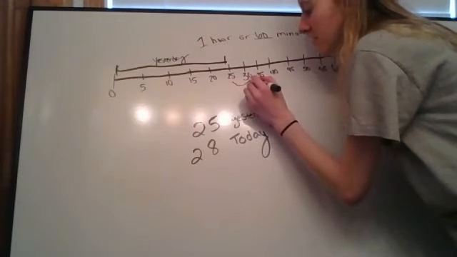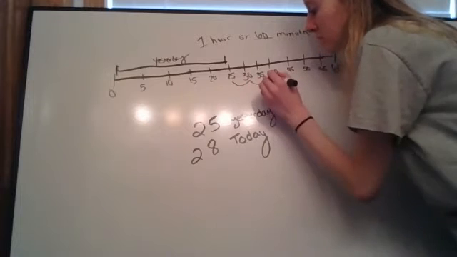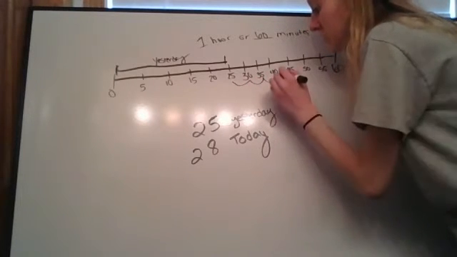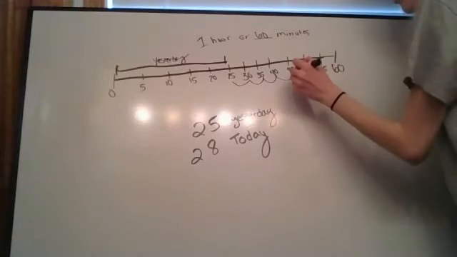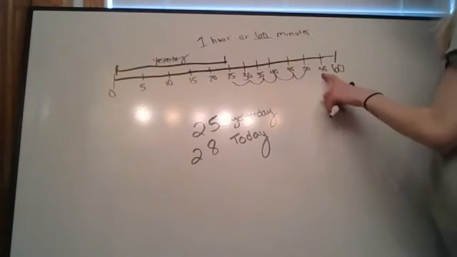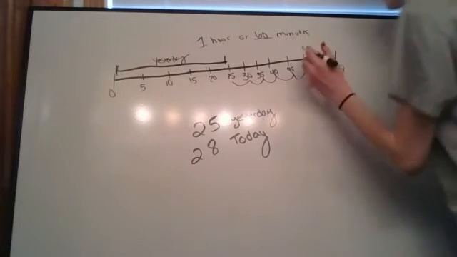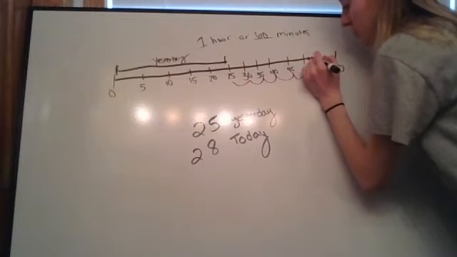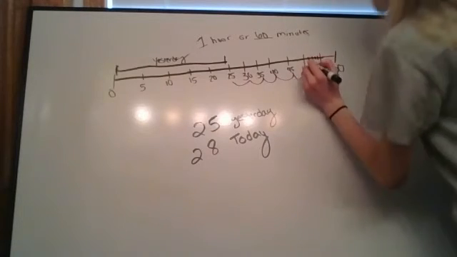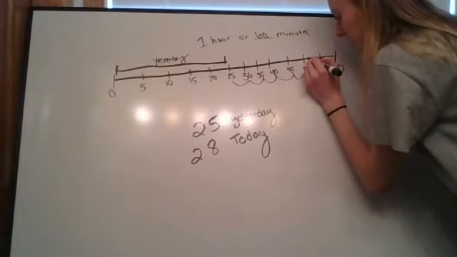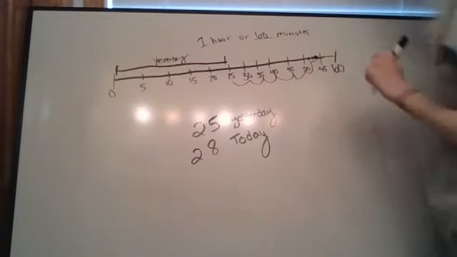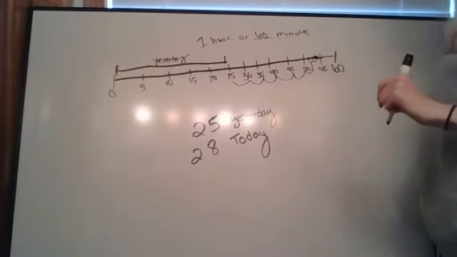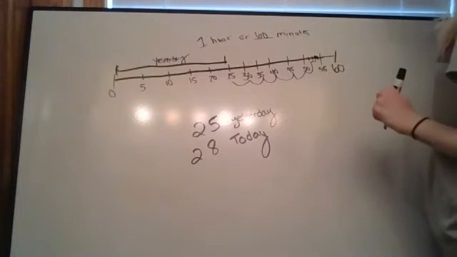So 5, 10, 15, 20, 25, and then we would get to 30, which is higher than 28. And we know there are 4 tick marks in between each one. So 25, 26, 27, 28. There should be 1 small tick mark between our dot and 55.